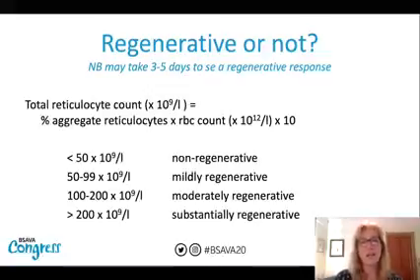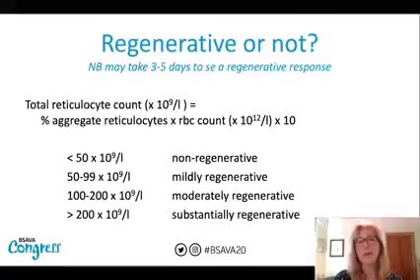And essentially we want to look for a reticulocyte count of 50 or higher as indicating some evidence of regeneration, but the higher the value, the stronger the regenerative response is. Bear in mind that it does take some time for a regenerative response to be initiated.